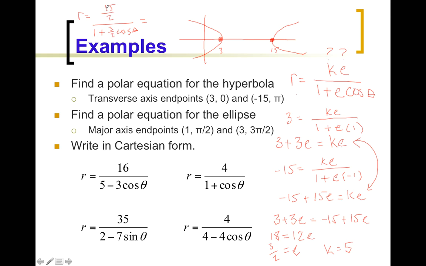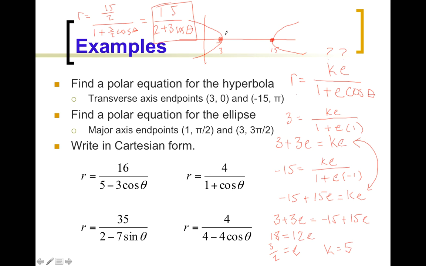But we don't like those halves there, so you multiply top and bottom by 2, and you get this really lovely equation of 15 over 2 plus 3 cosine theta. And you can actually graph this on your calculator now. You'll get a hyperbola graphed very nicely on your calculator with these two vertices.